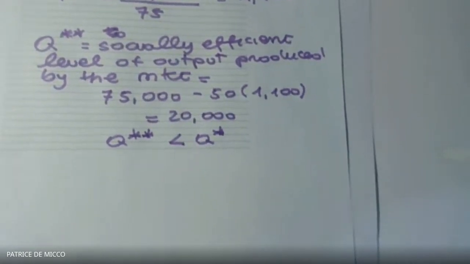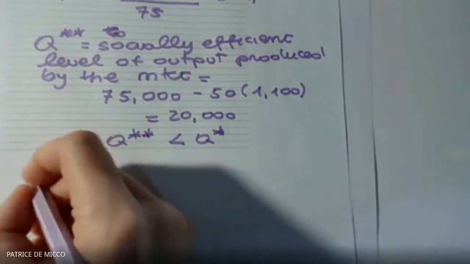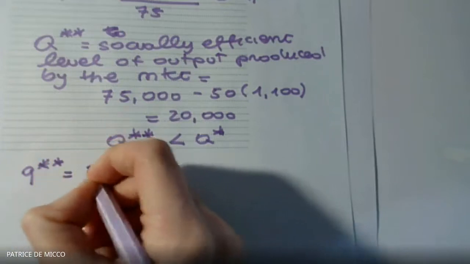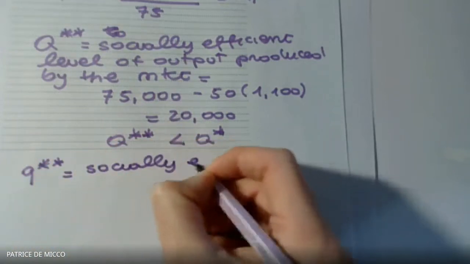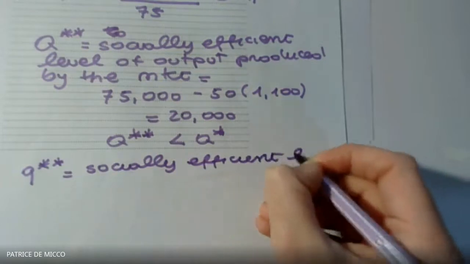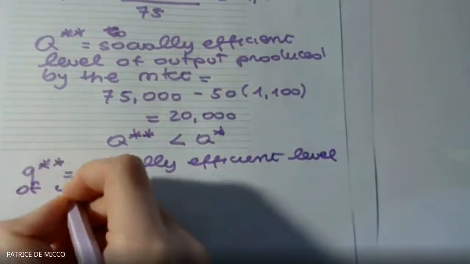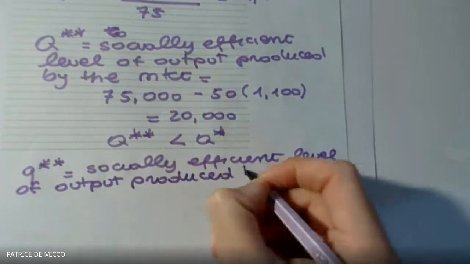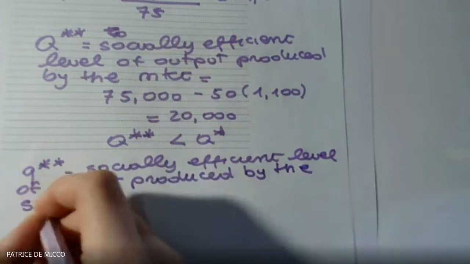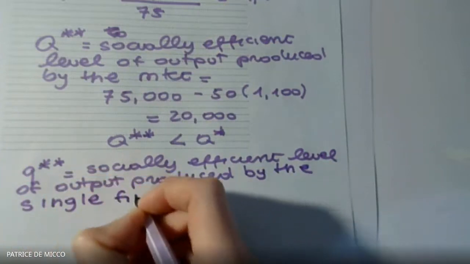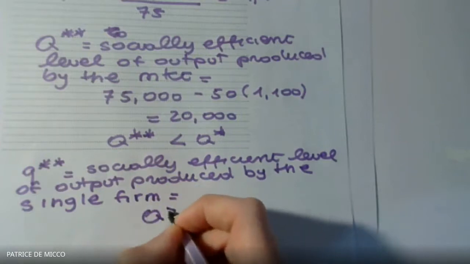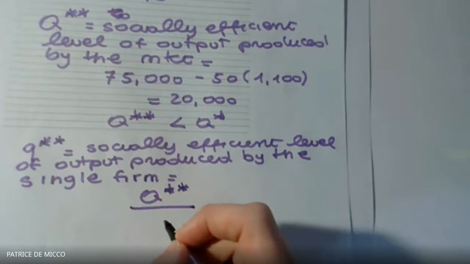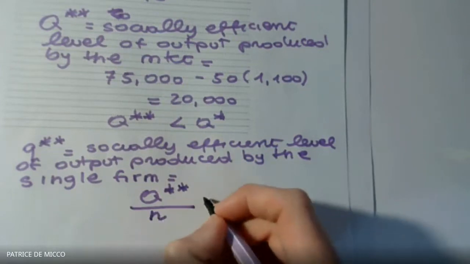And we can also compute the socially efficient level of output produced by the single firm. This is given by the socially efficient output produced by the market divided by the number of firms.